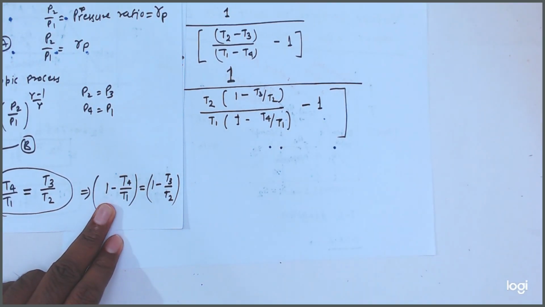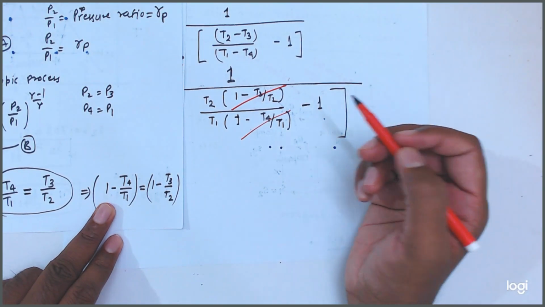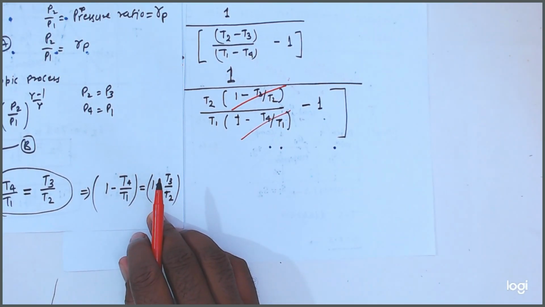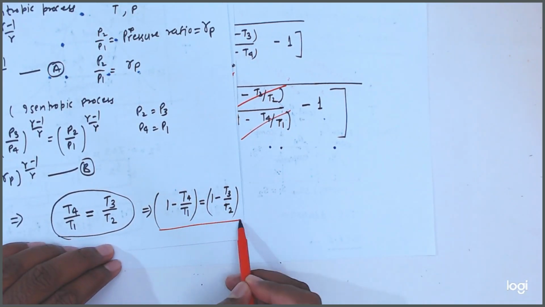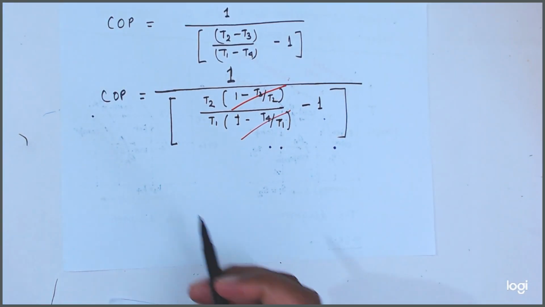So it means this term is equal, so it will cancel out. For cancelling this one, we are doing these things. Okay, for cancelling this one, we are finding this relation. Okay, so what will we achieve, friends?